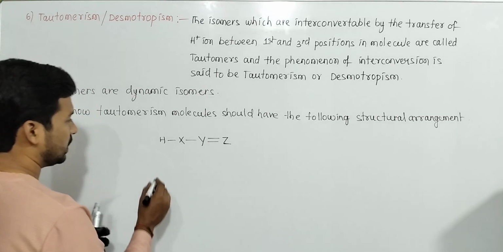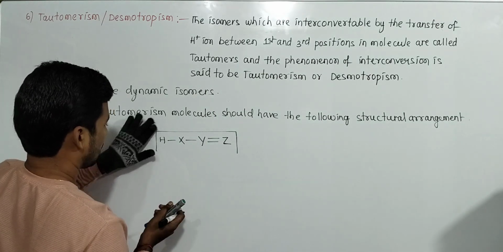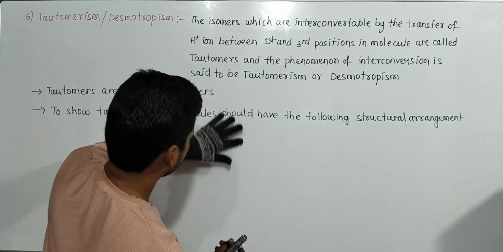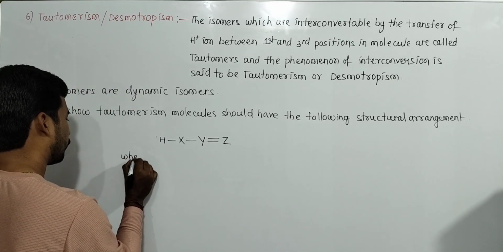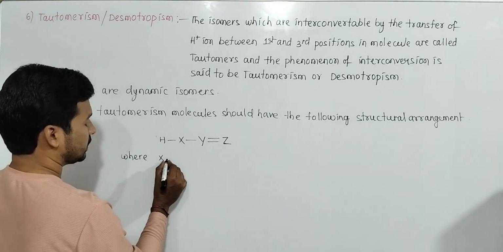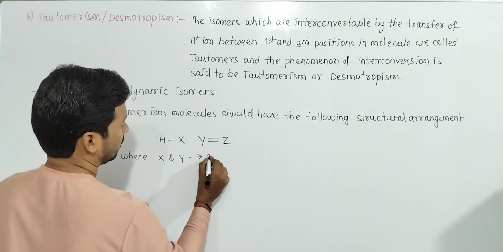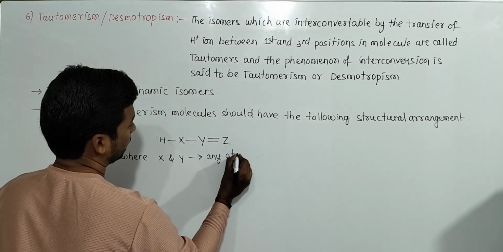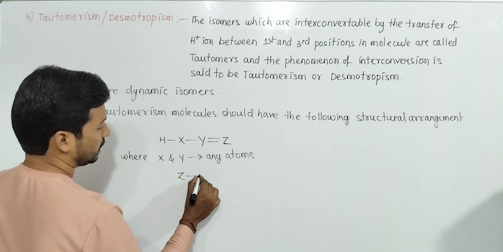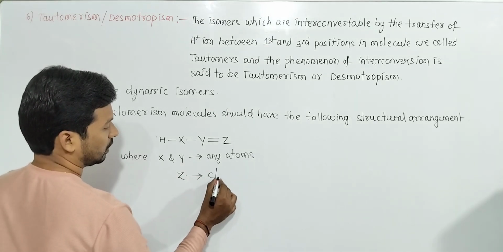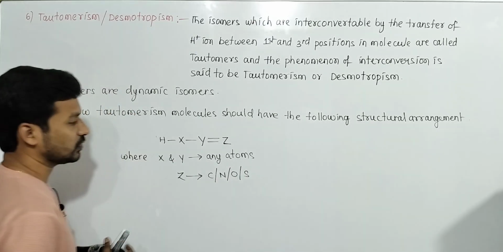Okay, here what is X atom or Y atom? X and Y atoms are any atoms, there is no condition, but Z atom is carbon, otherwise nitrogen, otherwise oxygen, otherwise sulfur atoms only.